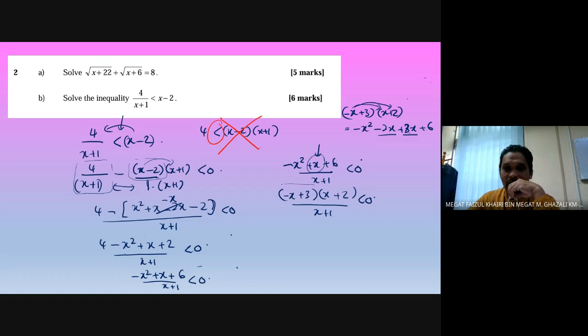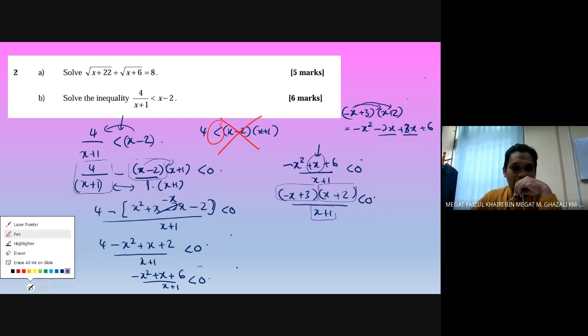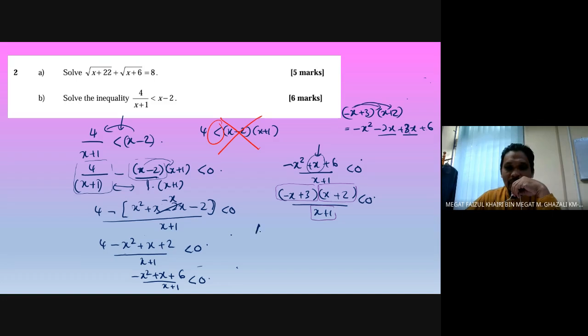We are just assuming that all three of them are positive. Assuming negative x plus 3 greater than 0, x plus 2 greater than 0, and x plus 1 greater than 0.